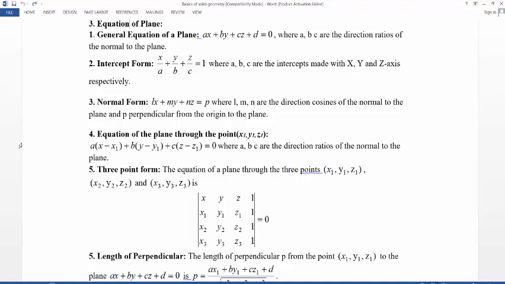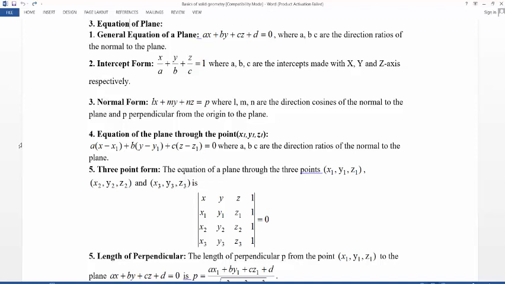If a, b, c are the intercept made with x, y, z axis respectively, then intercept form of equation of plane is given by x upon a plus y upon b plus z upon c equal to 1.